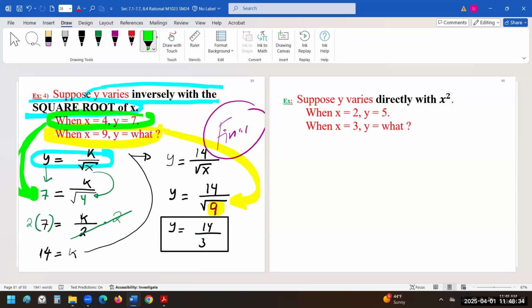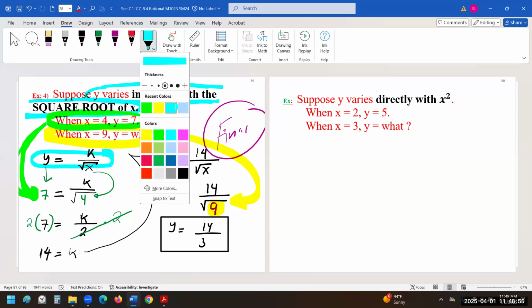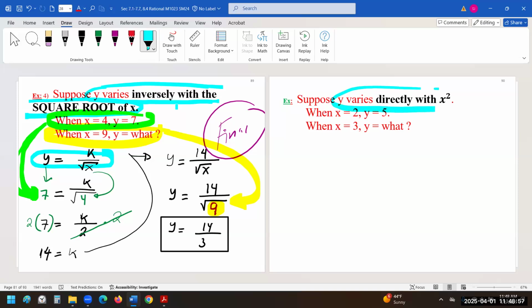Ready? Joseph, what two things are changing? It's written in the first sentence. Good. How are they changing? Directly.